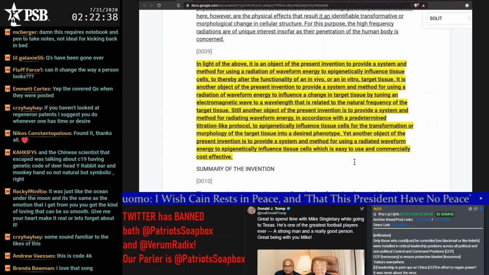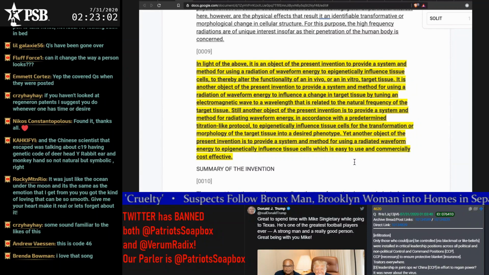To epigenetically influence tissue cells for the transformation or morphology, mutation, of the target tissue into a desired phenotype. So changing the cell expression into an expression or a result that is desired. Being able to control how your cells replicate and or express themselves by activating and deactivating certain components of the DNA within that cell. That's what this is saying.